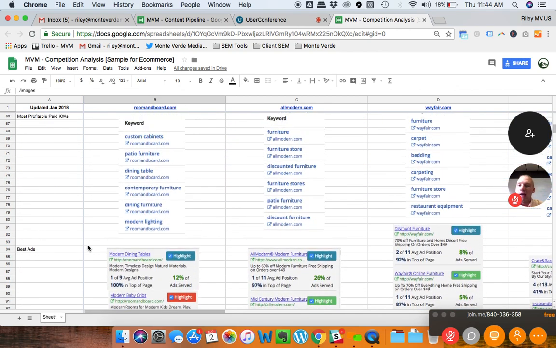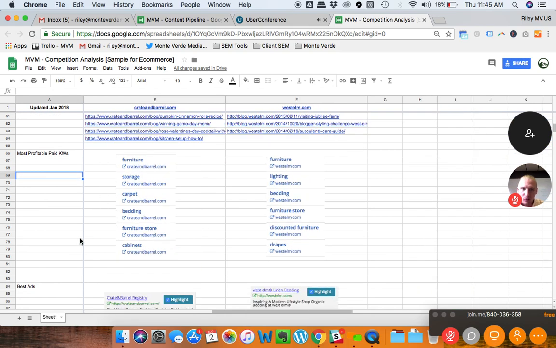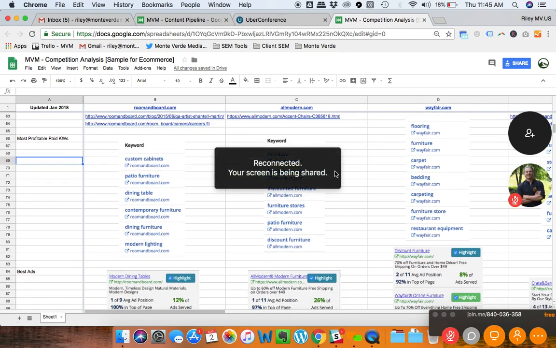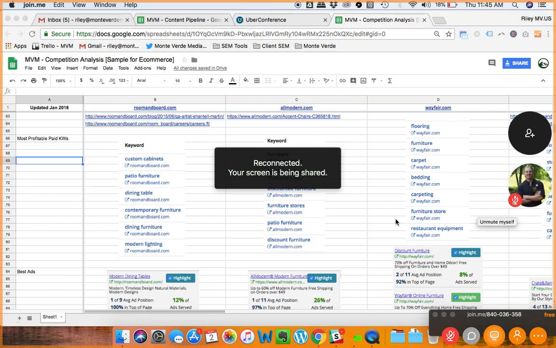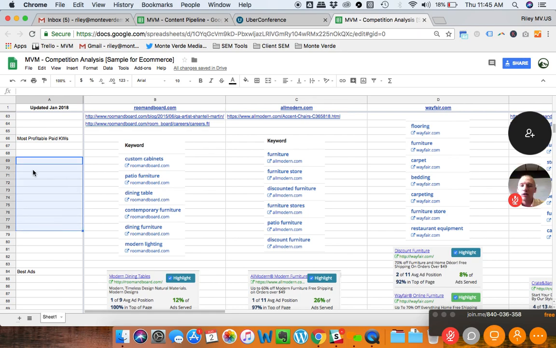And then we're getting down into AdWords, right? So we see what their most profitable paid keywords are. These are from a software called SpyFu. SpyFu is kind of the number one software in the paid search niche. They also do some organic metrics, but in my experience, they're not as reliable on the organic side, just as some of the top organic SEO software tools are not as strong on the paid side.